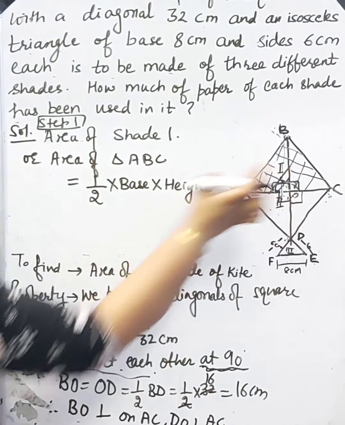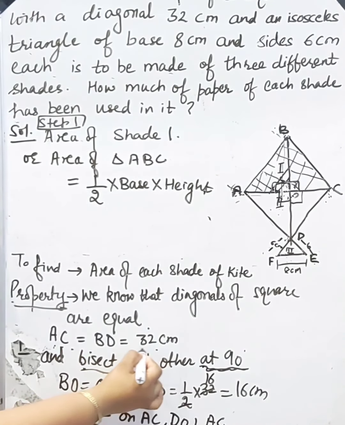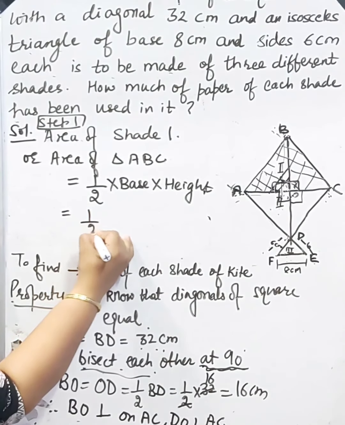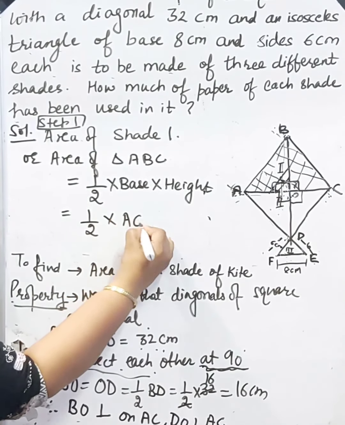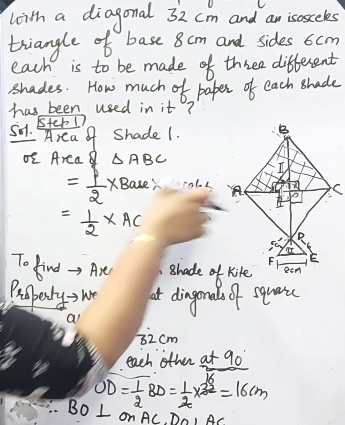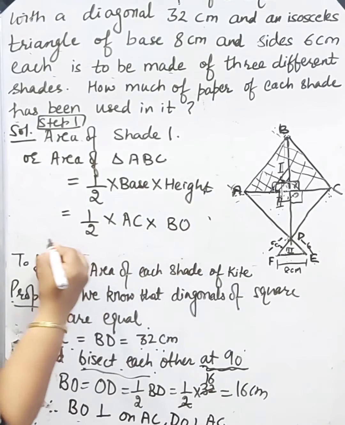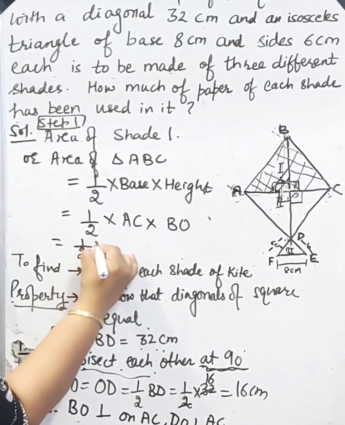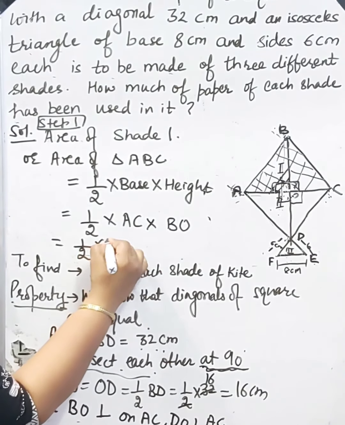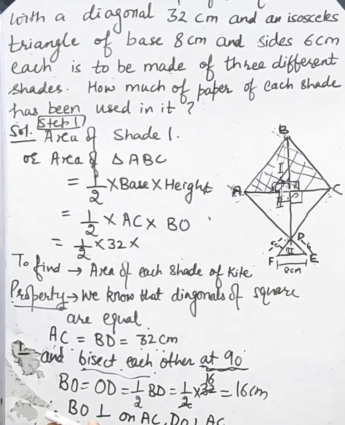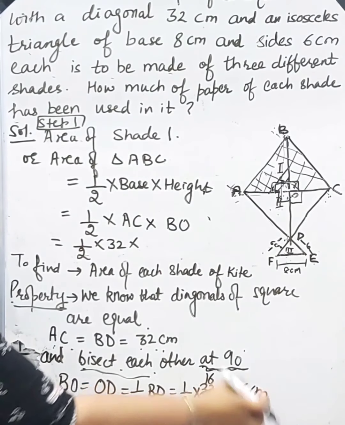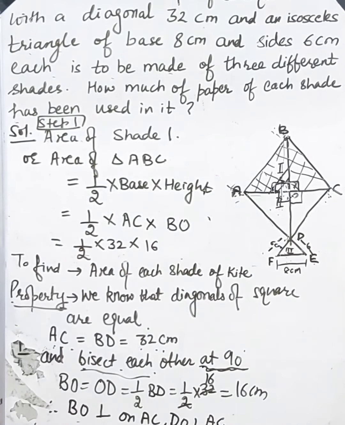Base is AC and we know that AC equal to 32 centimeter. Half into base AC and height BO equals half, AC is 32 centimeter and BO is 16 centimeter.